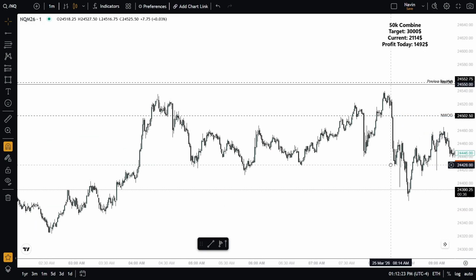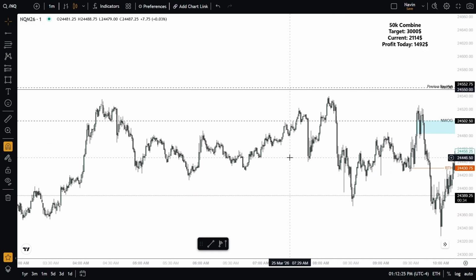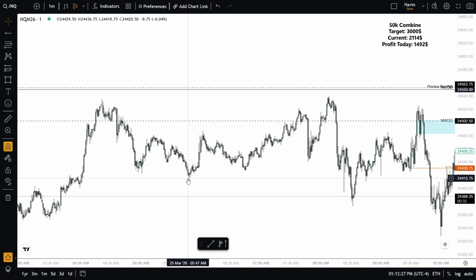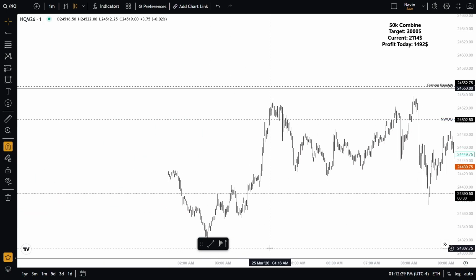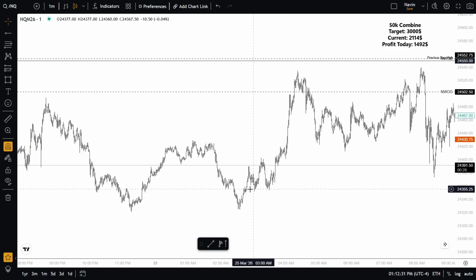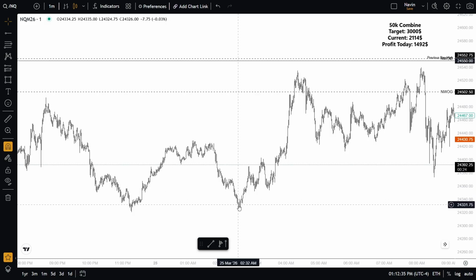Other than that, I will be looking for the London highs and lows that are formed between 2 to 5. So here's the 2 a.m. and then here will be the 5 a.m.